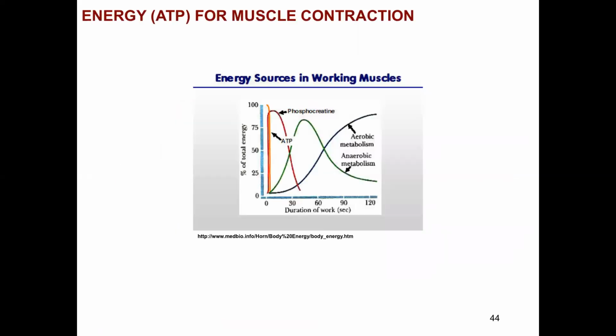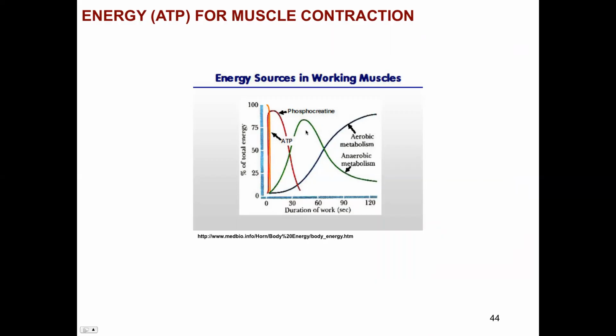So if we look at this, using the amount of ATP that's already in there, or using myoglobin to make aerobic ATP, will last you about 3 seconds. Recycling using phosphocreatine or ADP would be maybe about 6 seconds to 30 seconds.